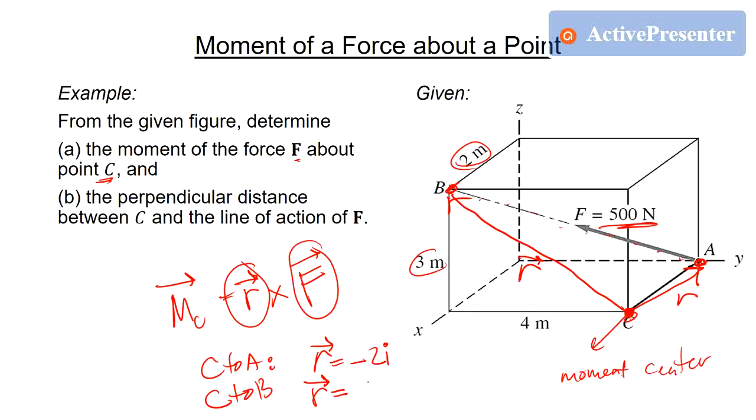From C to B, the position vector r is negative 4j plus 3k, in meters. So these are the two possible position vectors that we can use. Actually, we can only use a limited number of r, because we only have two known points, which are point B and point A.